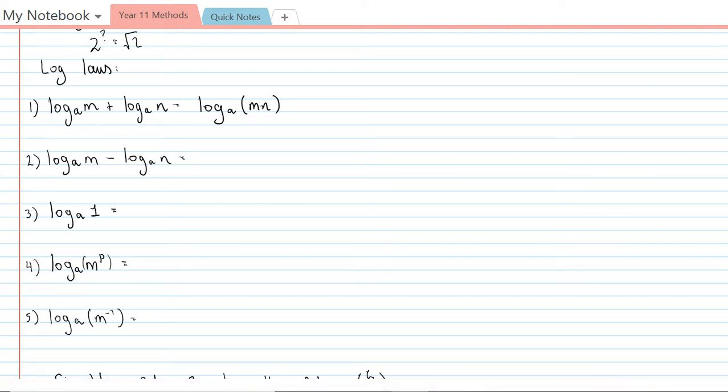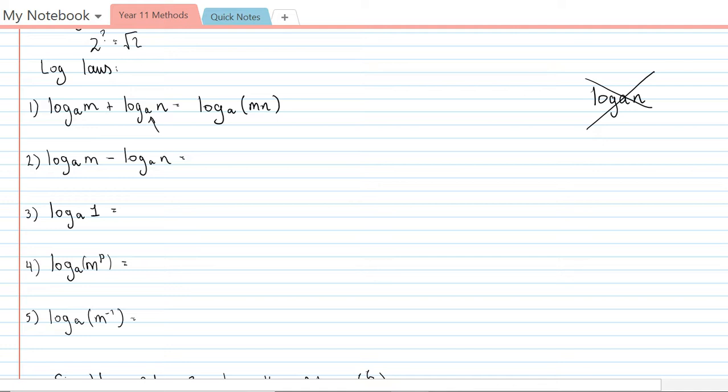It's important to note here that firstly, the logs must have the same base. They should also not have any kind of number in front of them to be able to do this process. And also that this A here is written as a subscript. So it's really important to write it that way rather than writing log A of n, because, well, that's just Logan, okay? So that's bad, don't do that.